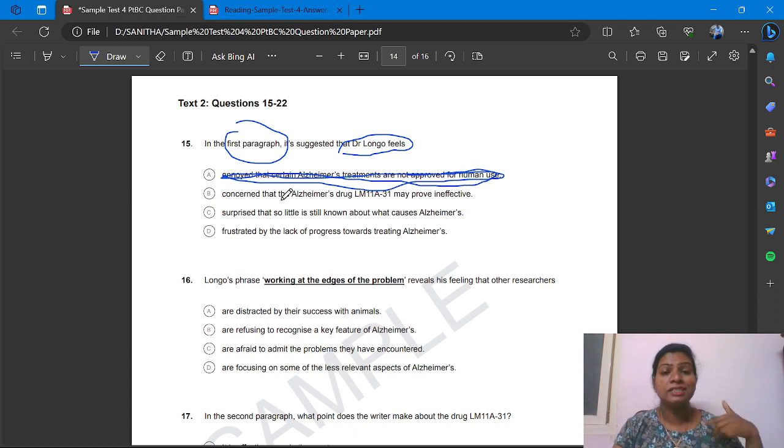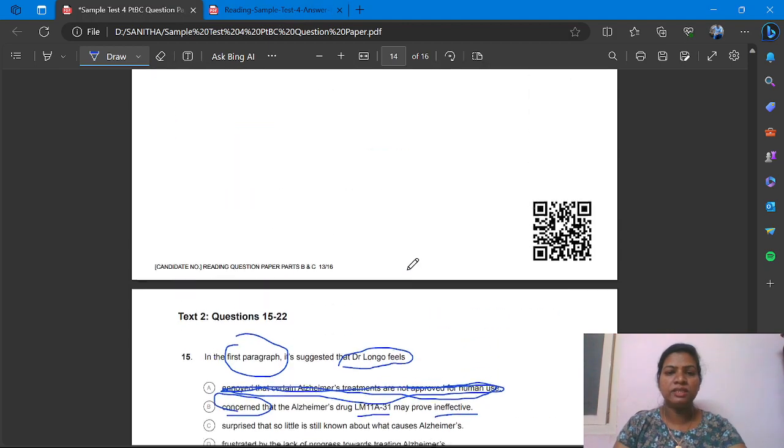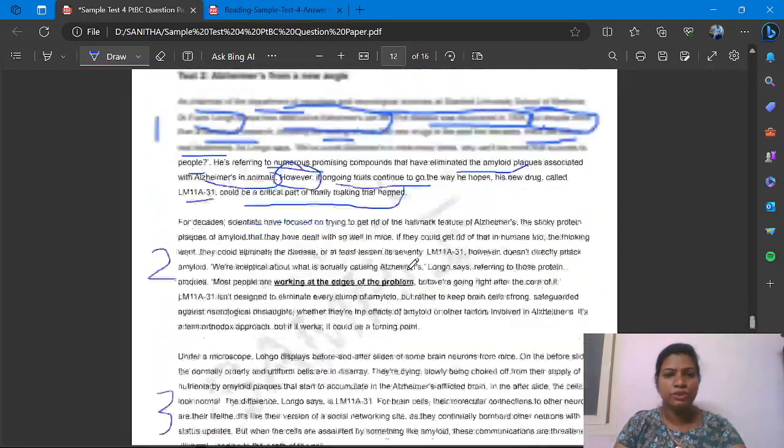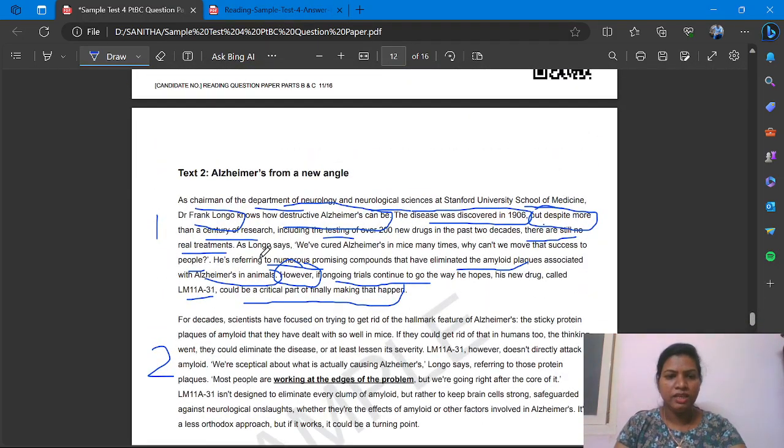Next option: concerned that Alzheimer's drug LM11A31 may prove ineffective. See, this word is important. Is anybody saying ineffective? Just go to that paragraph. As Longo says, we have cured Alzheimer's in mice many times.